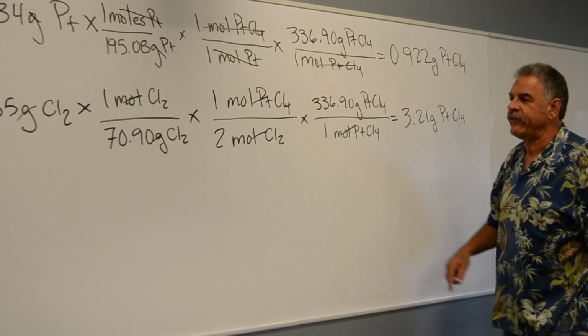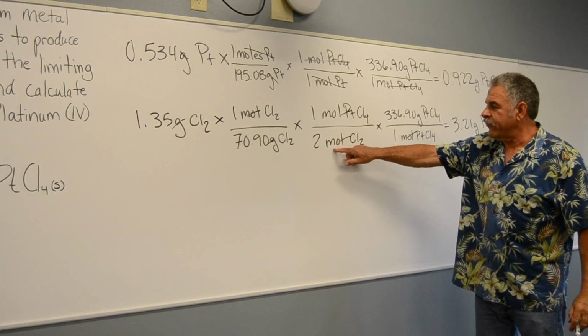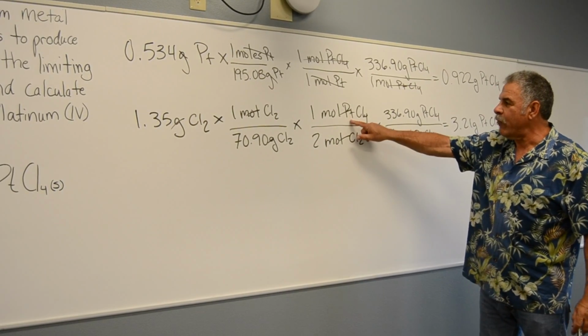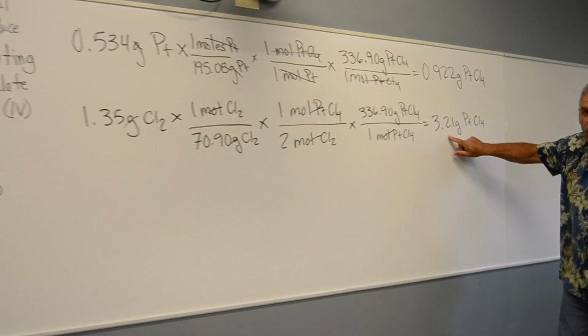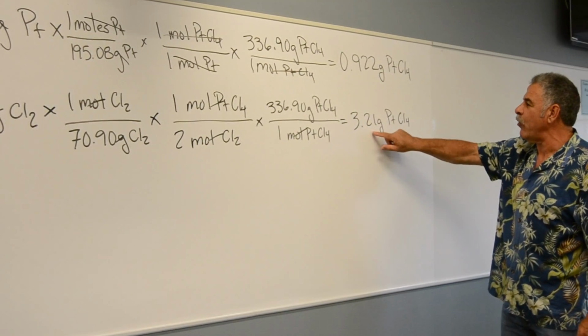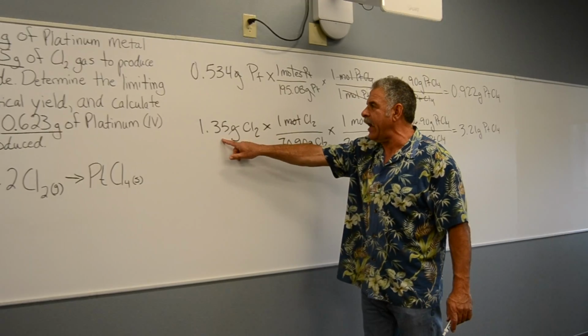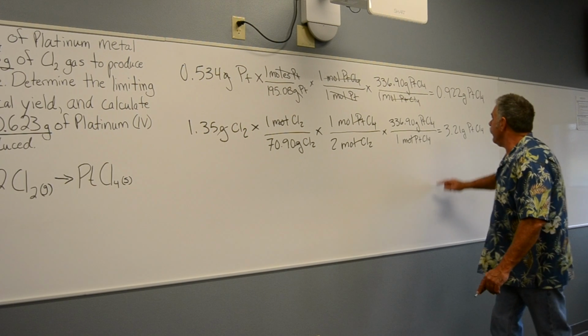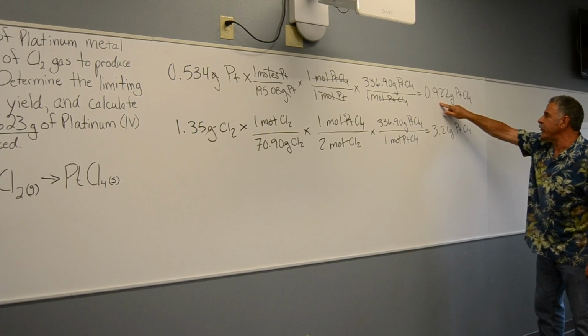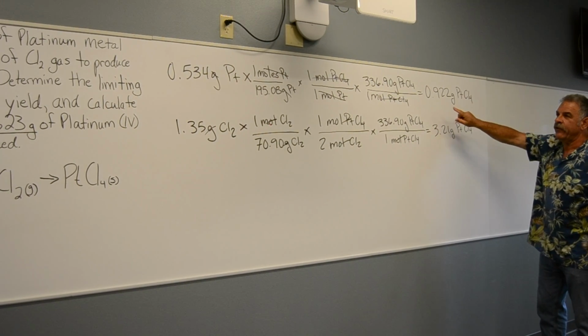So even though it takes twice as much, 2 moles of chlorine gas to make 1 mole of this, we still have chlorine gas in excess because we make 3.21 if we use all the chlorine at our disposal, this 1.35 grams, and we only make 0.922 grams of platinum chloride if we use the platinum.